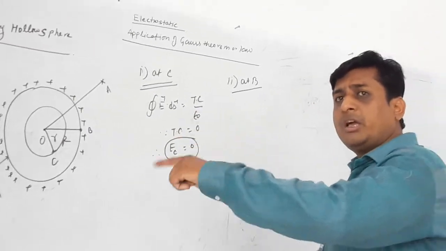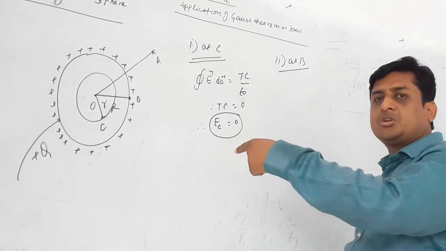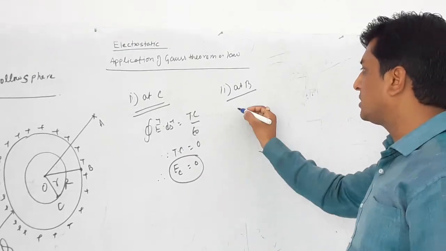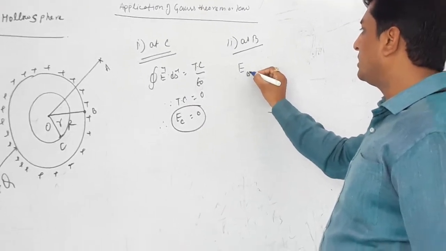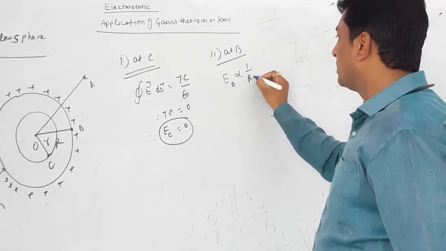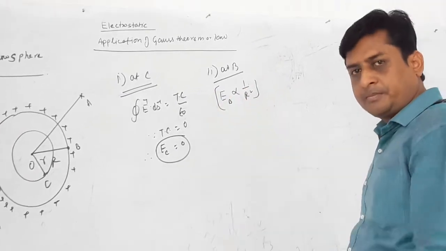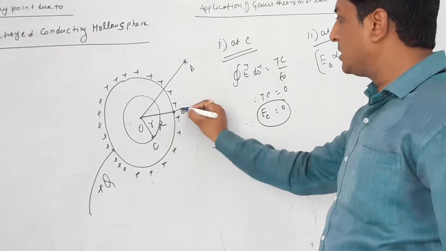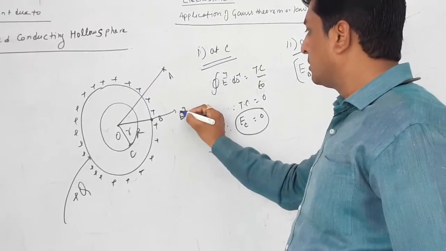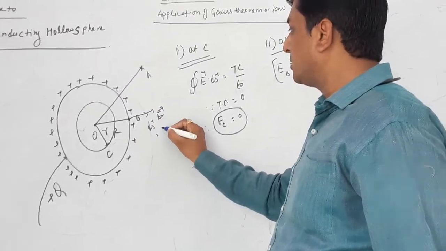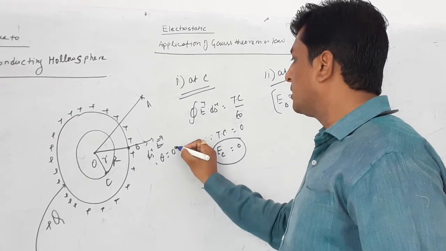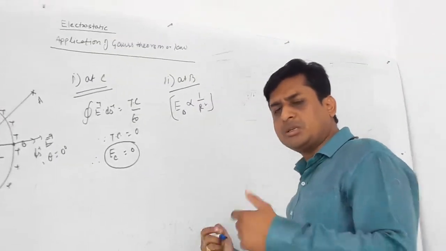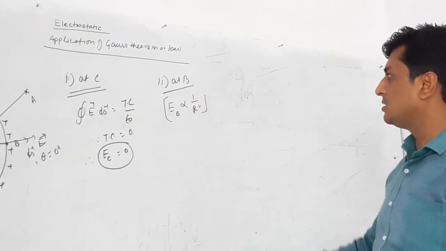Now second, at B, at this point. As you have done in the first application of Gauss theorem, the same process you will follow, and you will get intensity at B proportional to 1 by r square. Intensity direction will be this, area vector will be this, theta is 0 degree. Put all these values and solve, you will get this result.